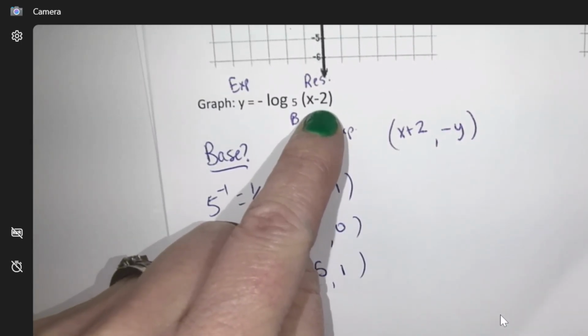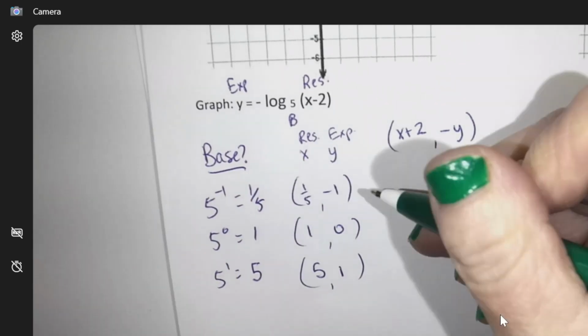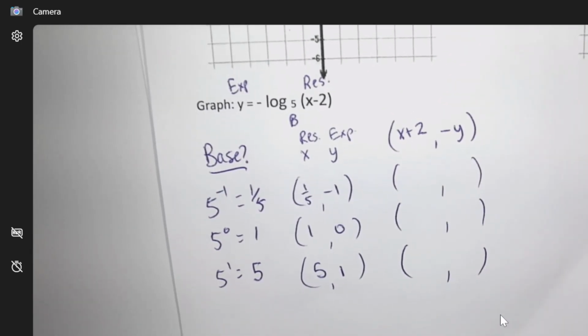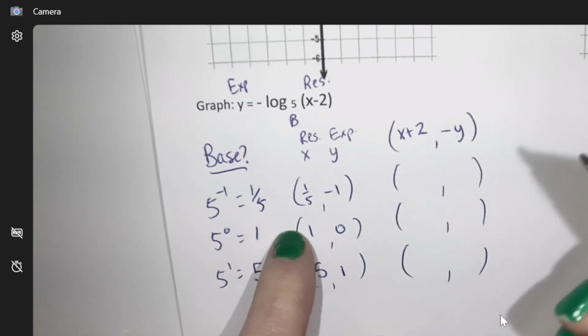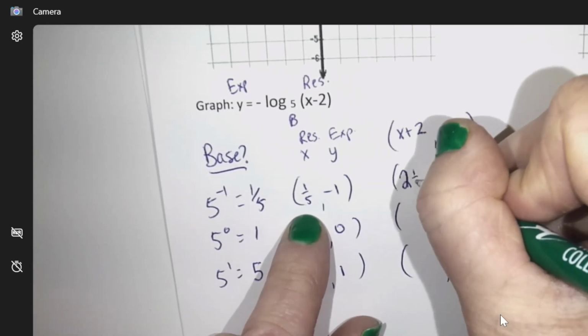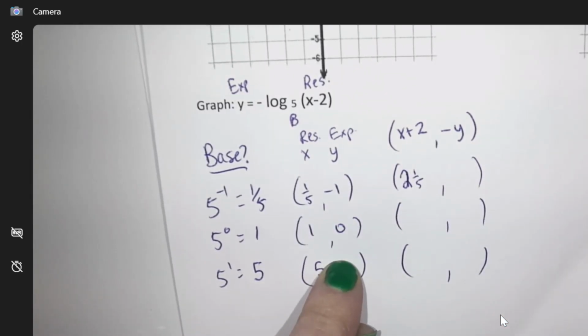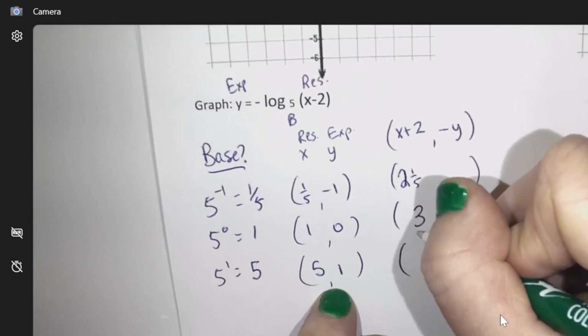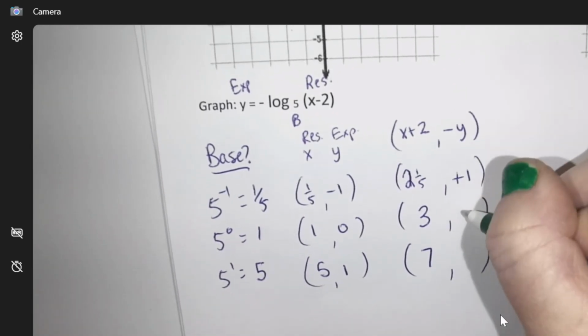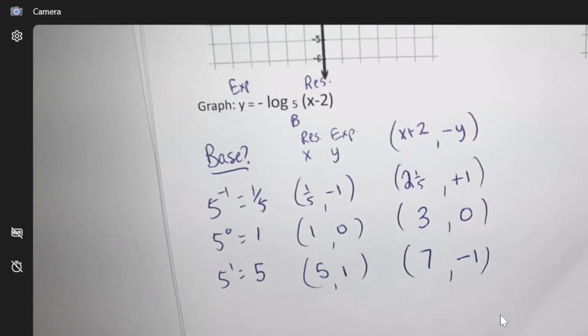Everything with C's and B's is opposite. Okay, so there I go. I'm going to add 2 to everything on the X. So 1, nope, just kidding, 2 and a 5th, 3 and 7. Positive 1, 0, negative 1.